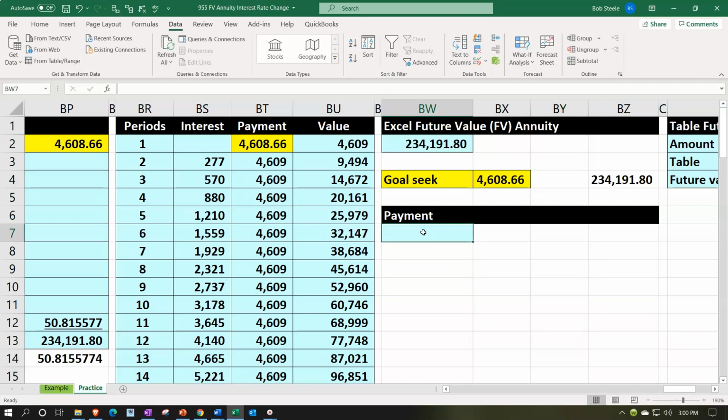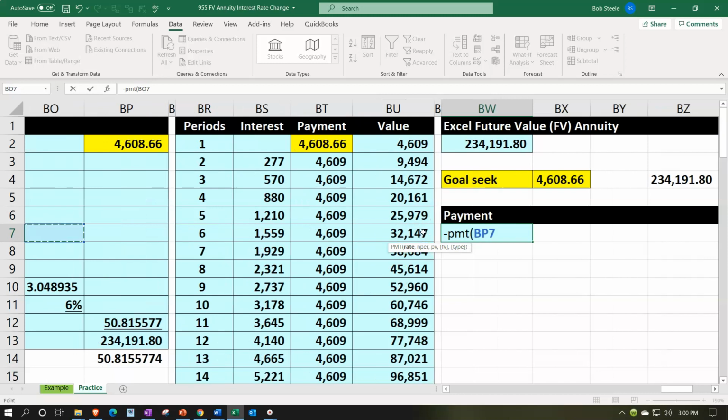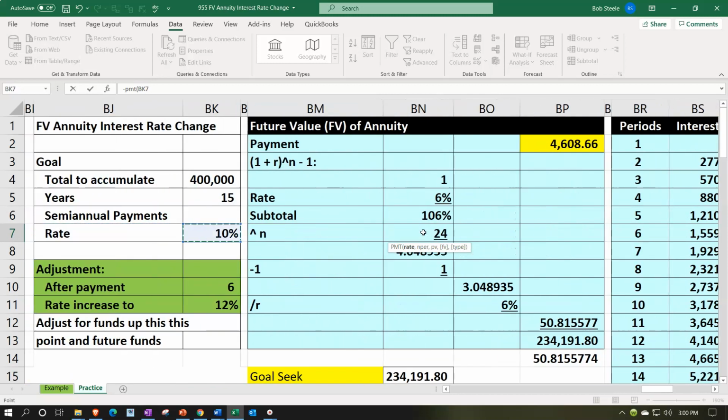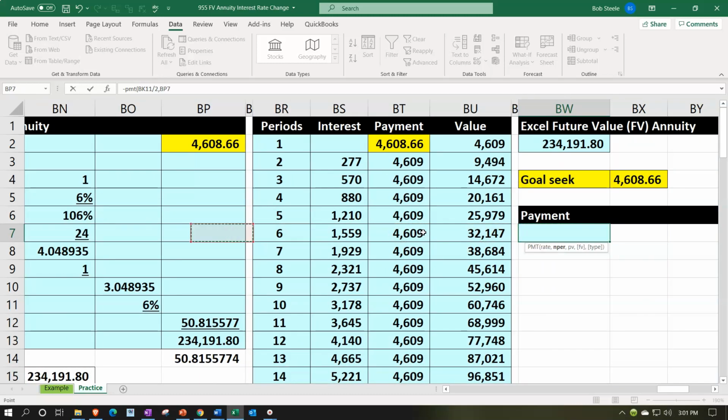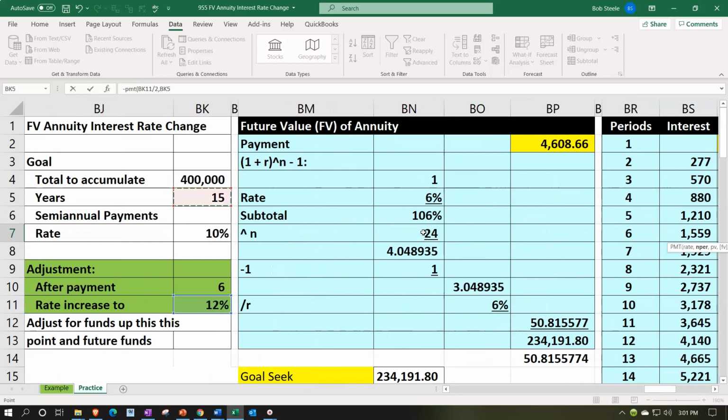If we know the payment equation, we could say this is going to be negative PMT. It's not where our major focus is, but obviously it's useful to know. We're going to say the rate is going to be 12 divided by 2, comma, the number of periods is going to be, once again, we could think of it as 15 times 2, 30 periods minus the 6 that have already passed.